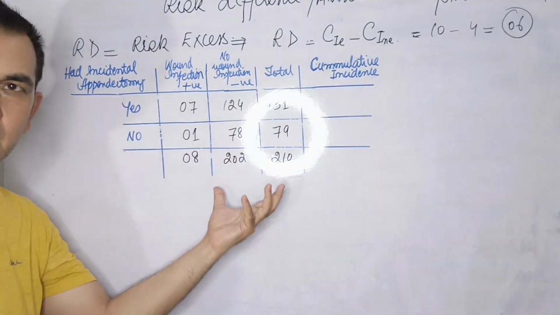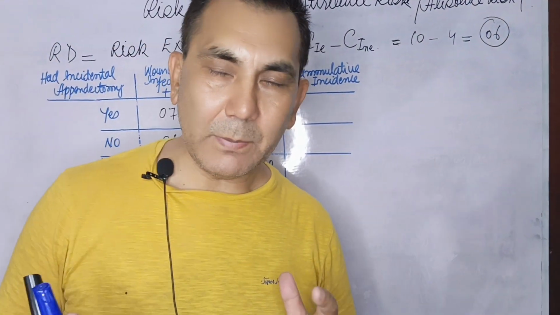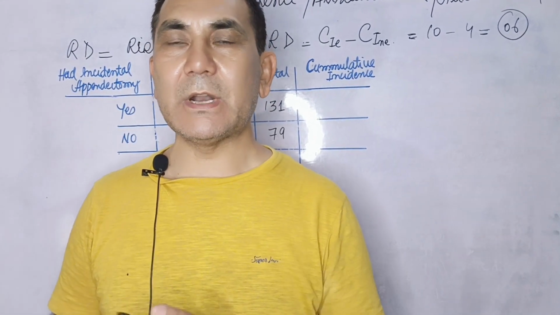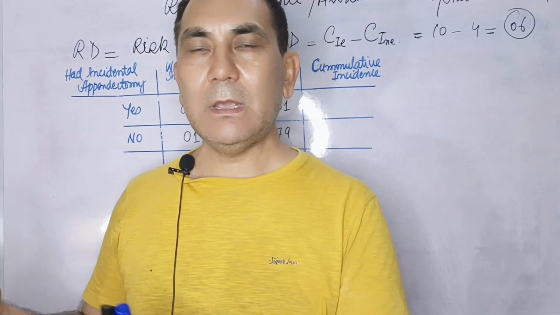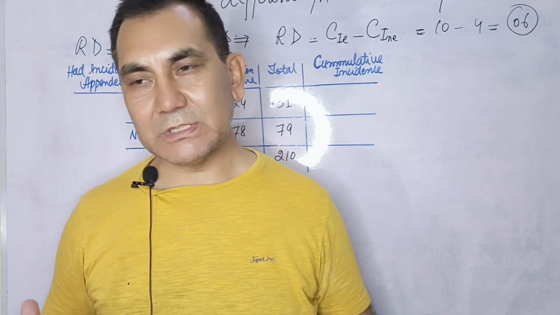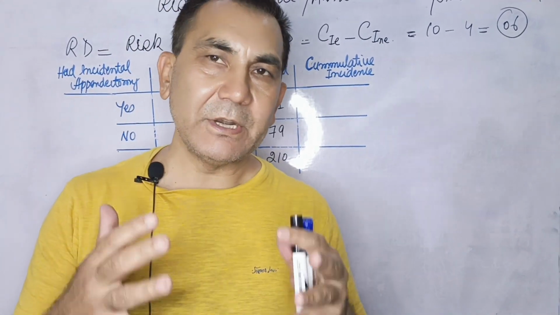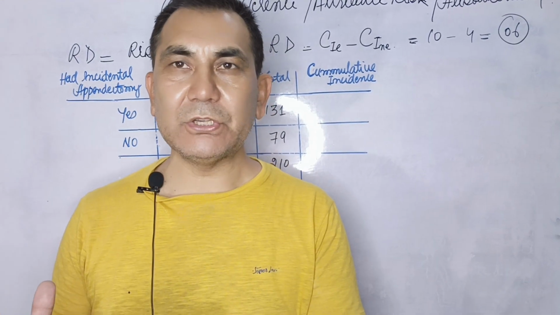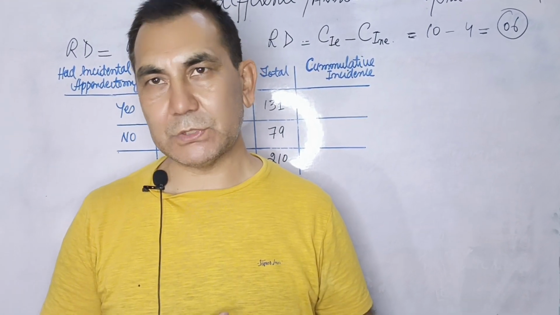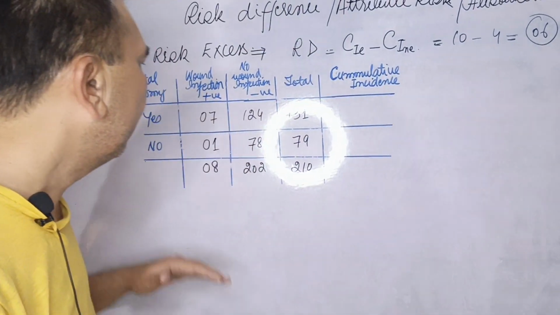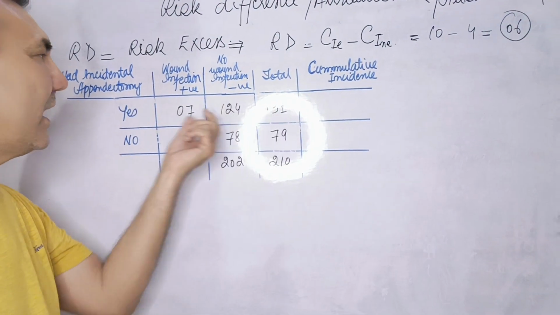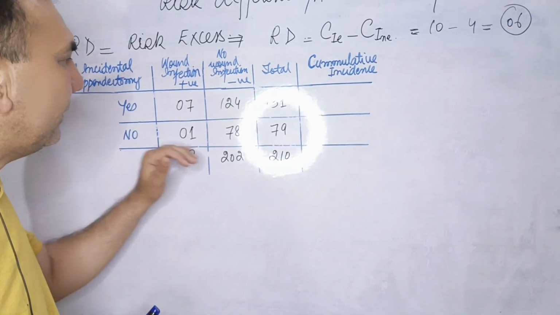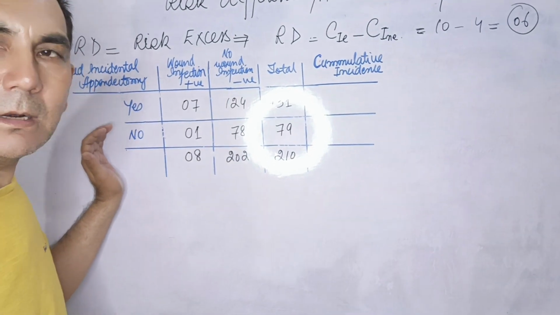A scenario is here in which patients have undergone a surgical procedure, an incidental appendectomy, done on appendicitis patients, and then they calculated the wound infections in the post-operative period. In total, 131 patients were exposed to the incidental appendectomy procedure, and 79 patients were not exposed.